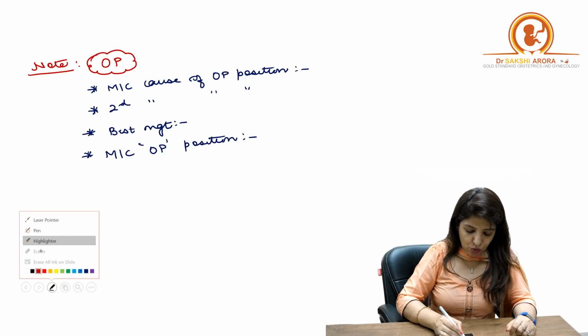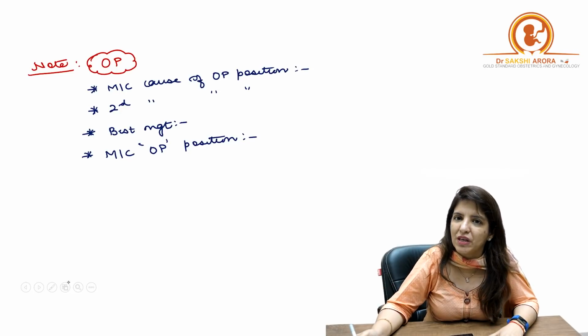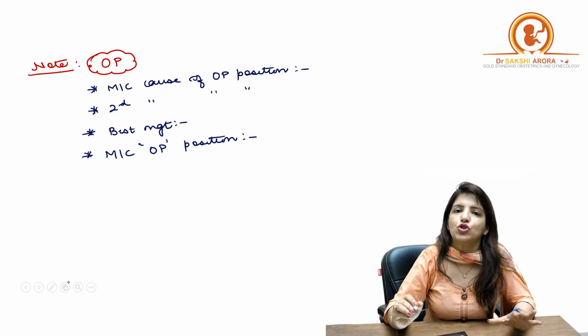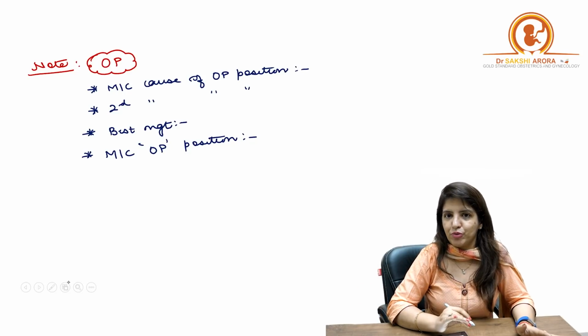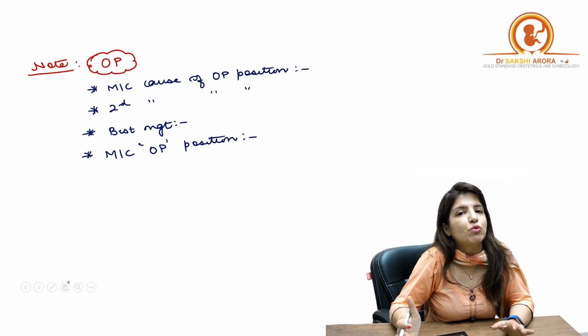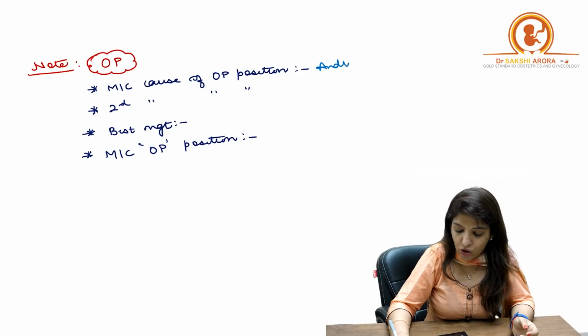Just one or two other single liners which I want you to quickly revise with me in case of occipito-posterior position. If they ask you what is the most common cause of occipito-posterior position, they are not asking you the pelvis, but overall what is the most common cause, then also your answer is android pelvis.